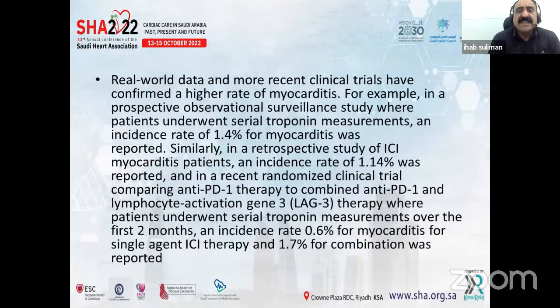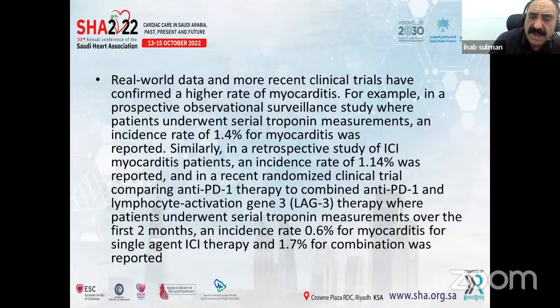But real-world data and more clinical trials have confirmed a higher rate of myocarditis. It has now been shown that up to 1.4% of treated patients, and some might say up to 1.7% for combination immune therapy, might be subjected to immune therapy adverse events on the cardiovascular system.